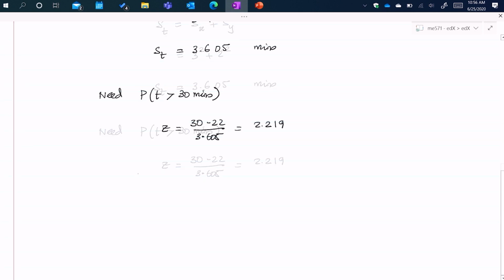And remember, phi of z represents the probability that t would be less than or equal to 30 minutes, right?